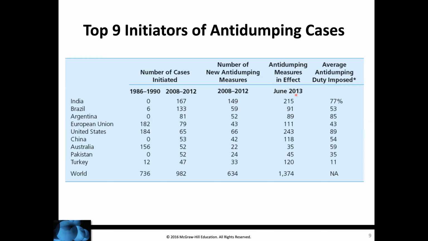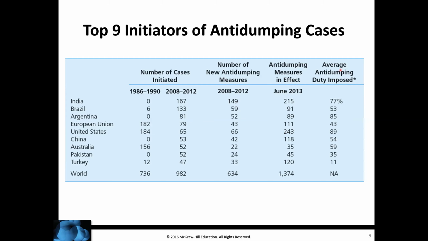In June 2013, we can see the number of anti-dumping measures still in effect: 215 in India, followed, actually, United States was the leader in anti-dumping measures.